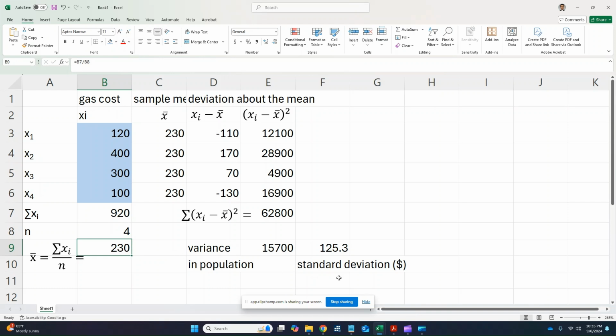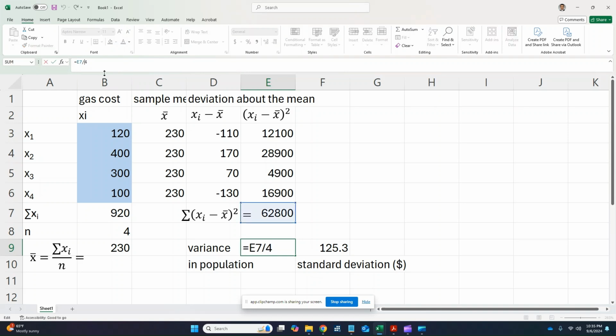Now, one thing that I should mention is that the formula that you use here, if I divide this number by n only, that's the count 4, then what I'm going to get is population variance or population standard deviation. Instead, if we want to calculate the sample variance or sample standard deviation, then I need to subtract 1 from the count.